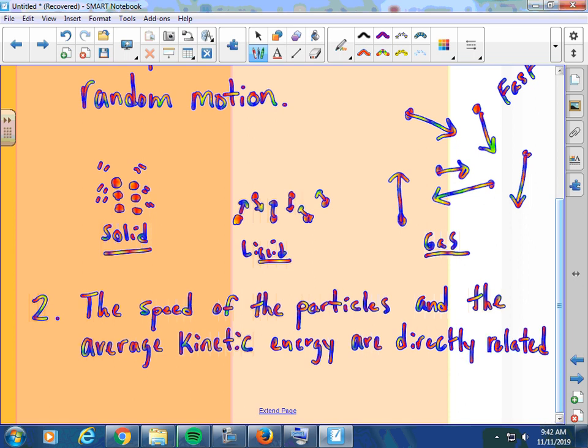First of all, we understand that all the particles are in motion. And not only that, basically the faster they're going, the higher the temperature.